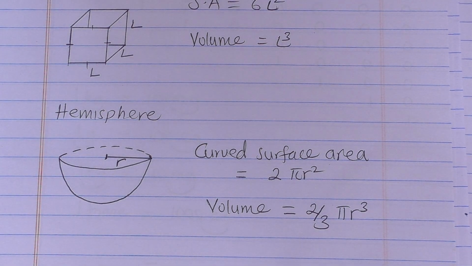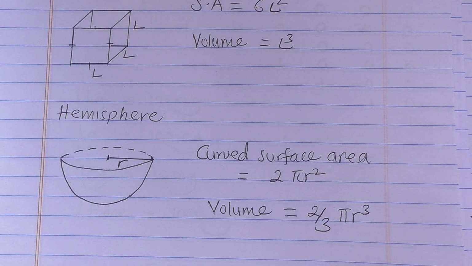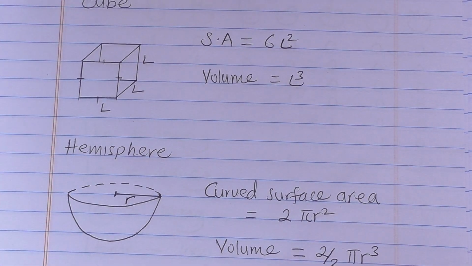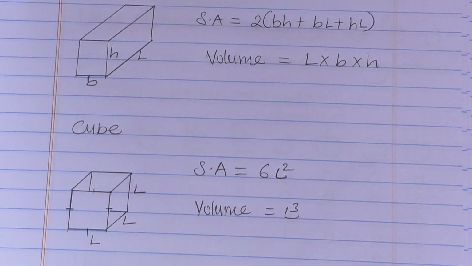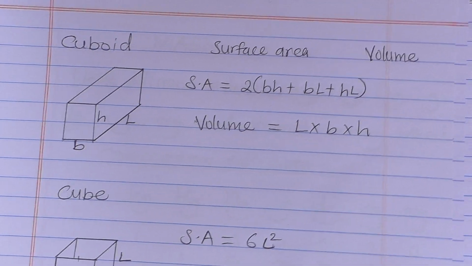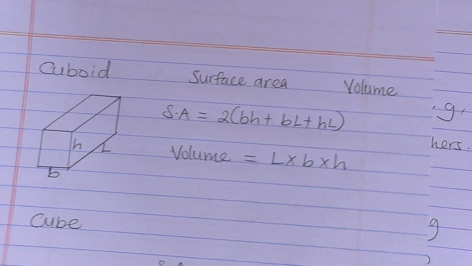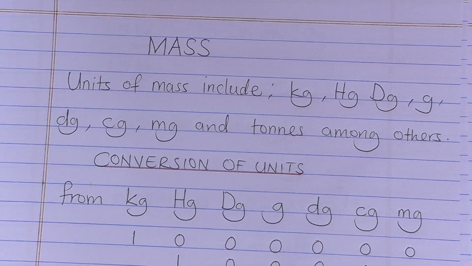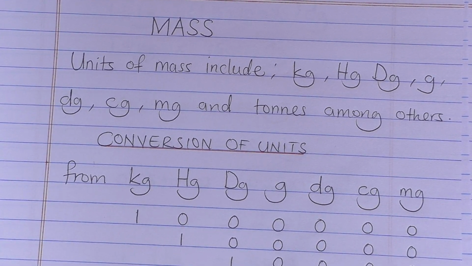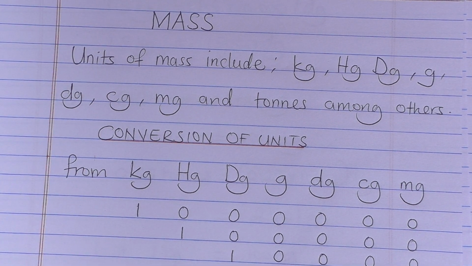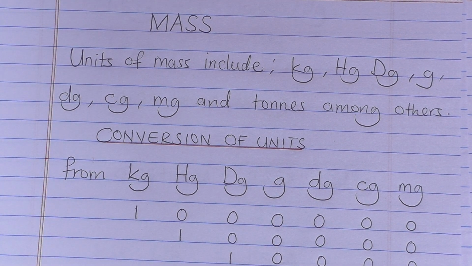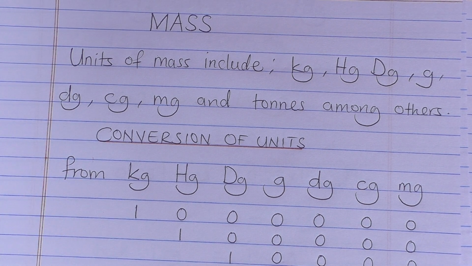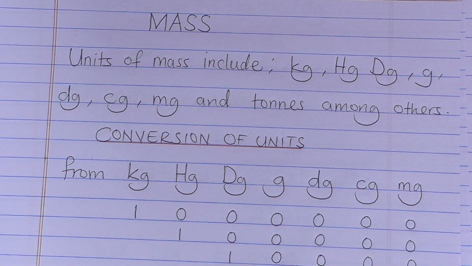So that is all about the volume and surface area of the 3D figures. In our next video, we shall be looking at how we convert units of mass and maybe density.